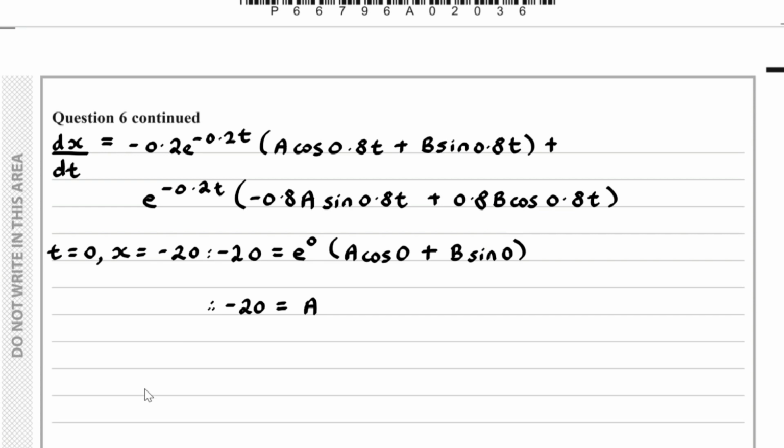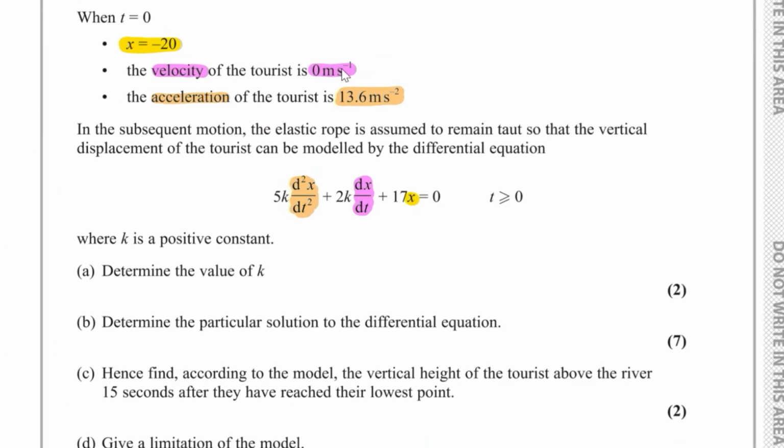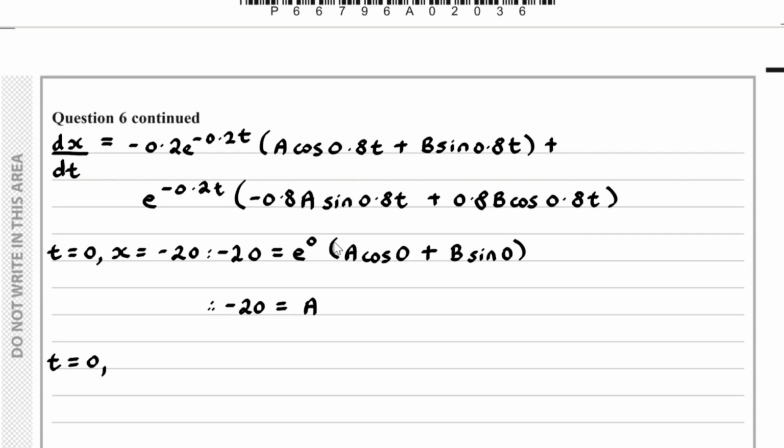And then we also know that when t is 0, the velocity is 0 meters per second, which means dx over dt is equal to 0.